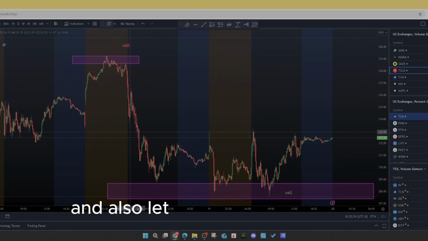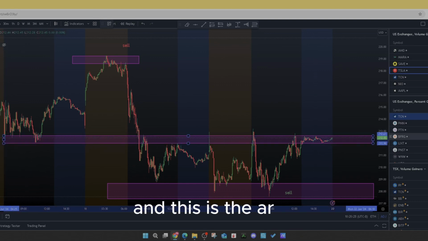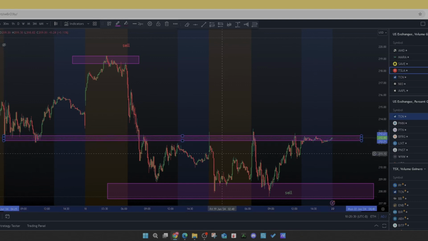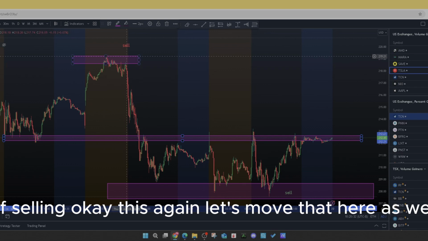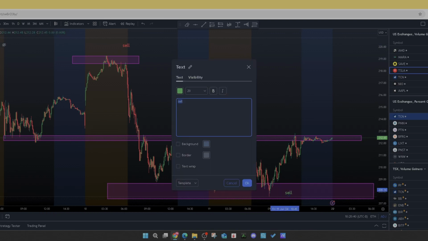And also, let's say if this is our day and this is the area of selling, okay, again, let's move that here as well. I want to sell here, buy, and buy here.